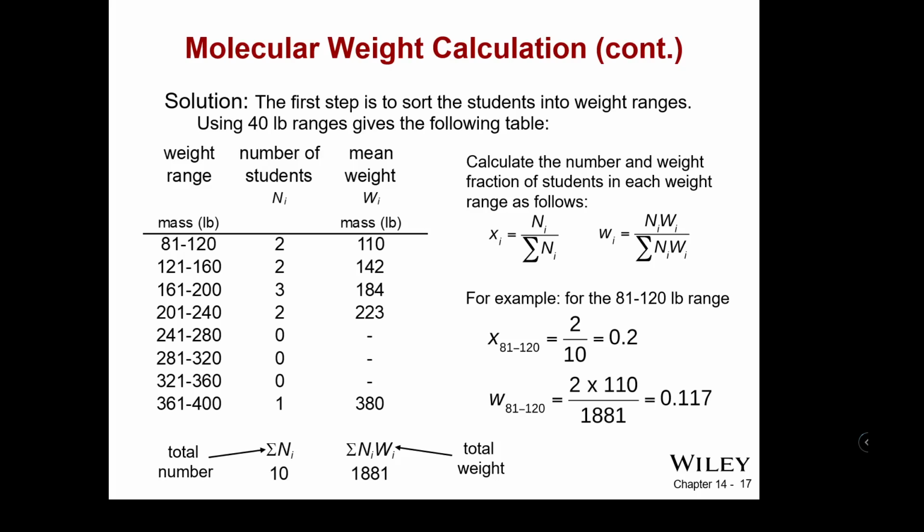The numeric average is going to be the sum of the NIs, each NI over the sum of the NIs. So the example in the 81 to 120 pound range is 2 out of 10 for the numeric, which is 0.2. But the weighted average is 0.117.